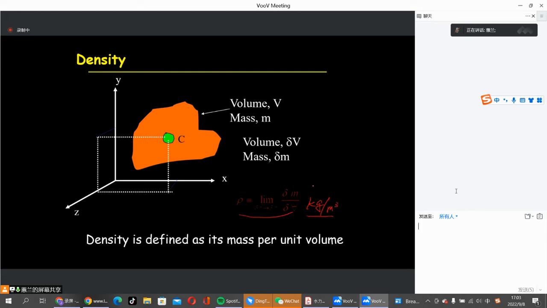Its dimension has mass and length. We know that any secondary quantities are composed of the primary dimensions, that's length, mass, and time, or length, time, and force. So density is a combination of mass and length.